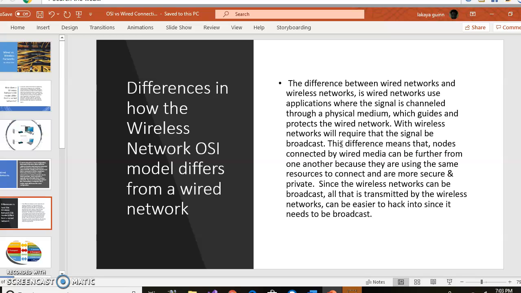Since the streamline is broadcast, it needs to be transmitted. So the wireless network is easier to hack into than the wired network. Again, wired networks tend to be more secure and private.